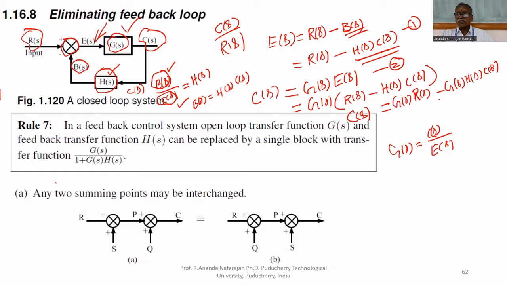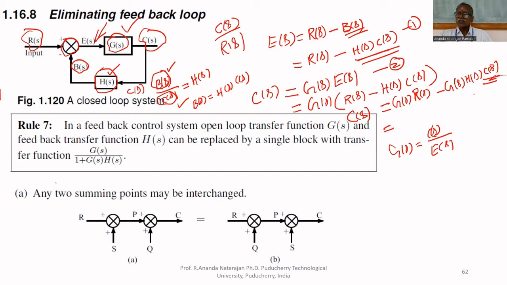You can bring C(s) to the left hand side. Why is C(s) coming on the right hand side? Because some feedback is there; the output is fed back as input to the system.